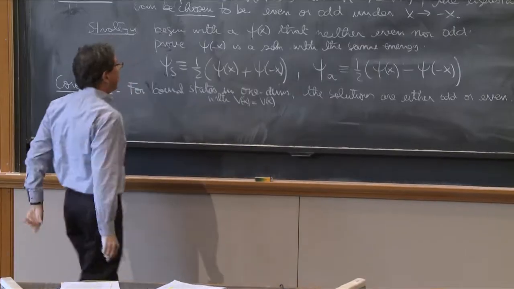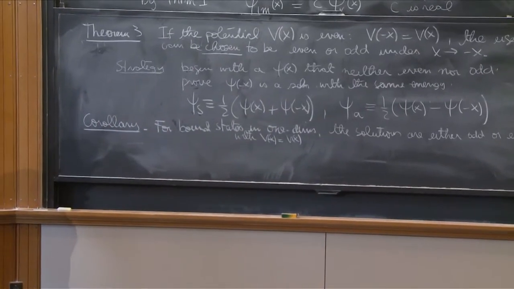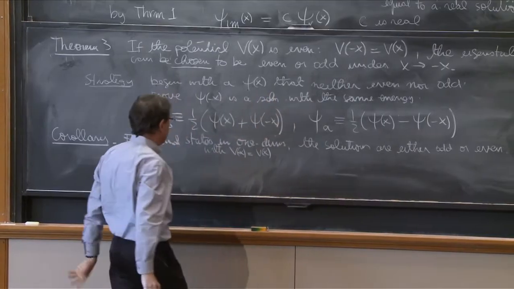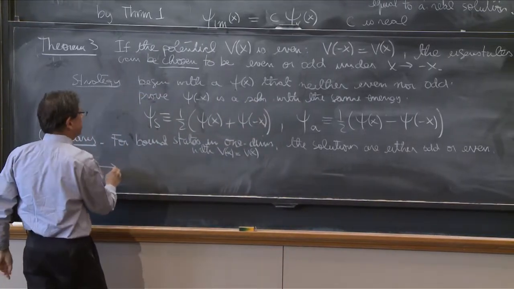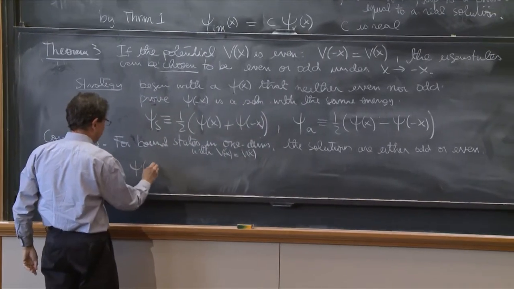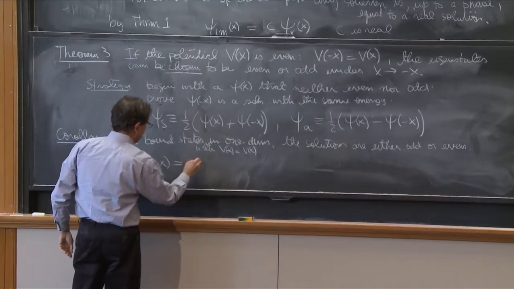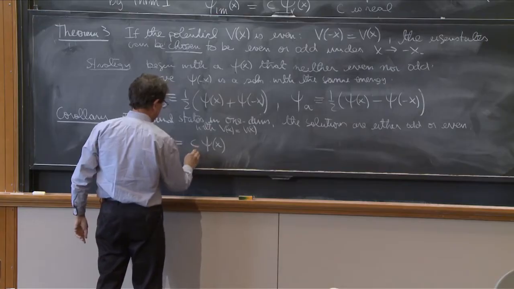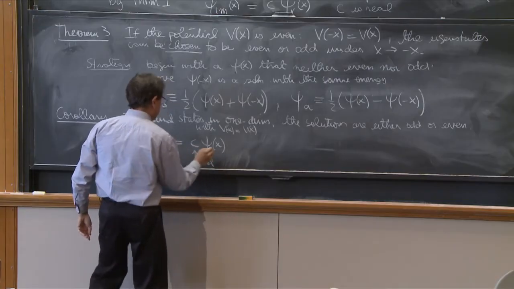So given that there's no degeneracy in one-dimensional problems, the only thing that can be happening is that psi of minus x is equal to a constant times psi of x, where this constant is real.